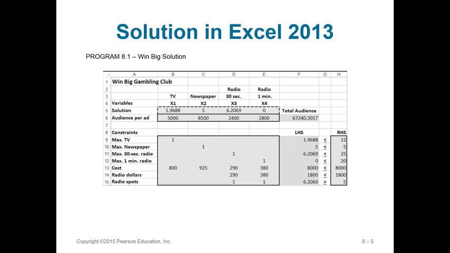You know, if you had that much water, you could come up with that if you had something that could measure that specifically. But when you have to buy in lots, when you have to buy 1 or 2 or 3 or 4 or 5 of something, then you're going to have to see what impact rounding this up to 2 and rounding that down to 6 would have on the actual total audience right here.